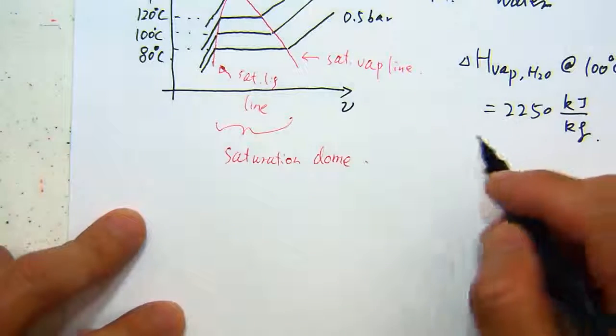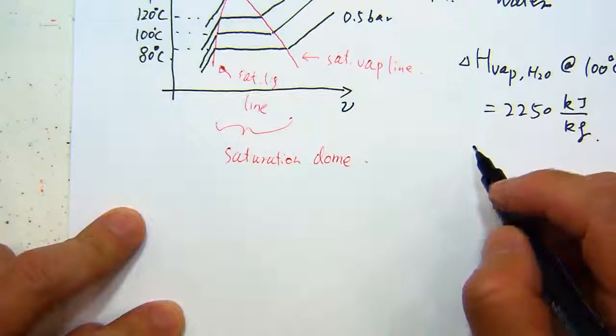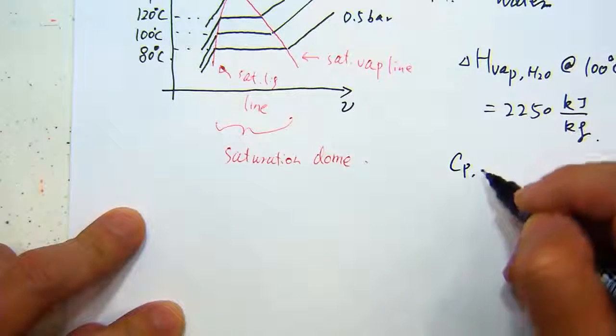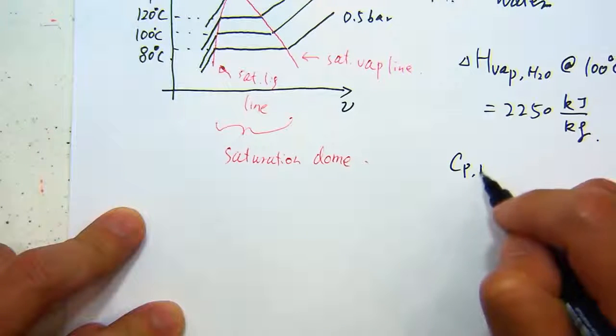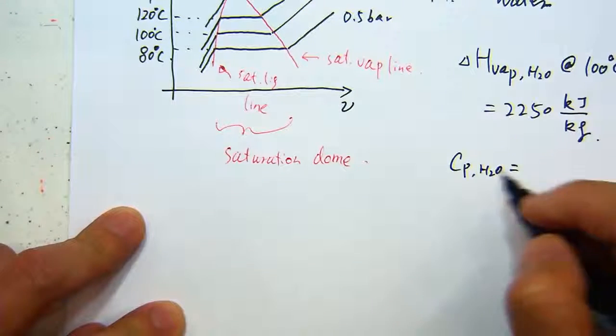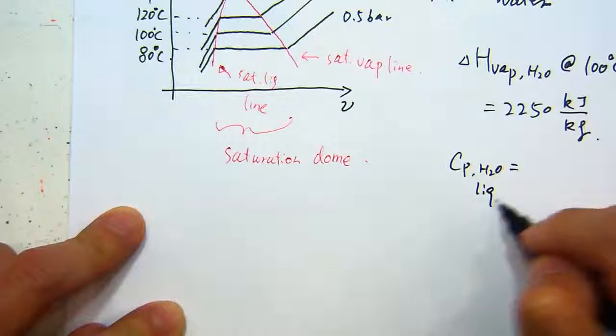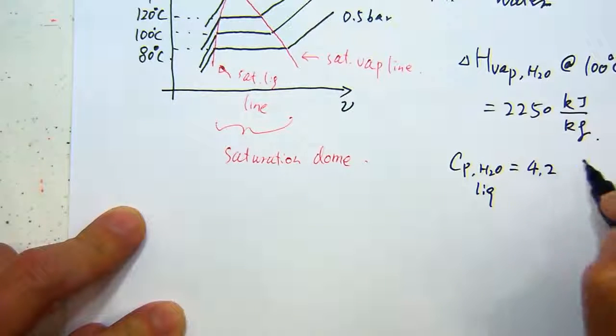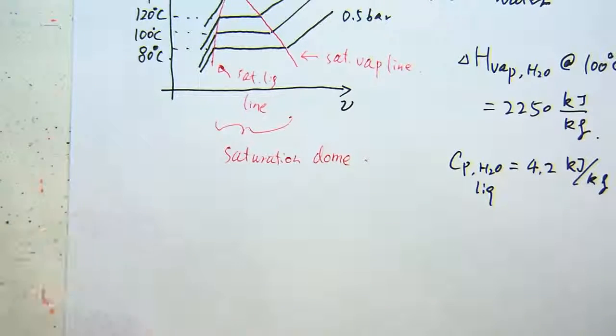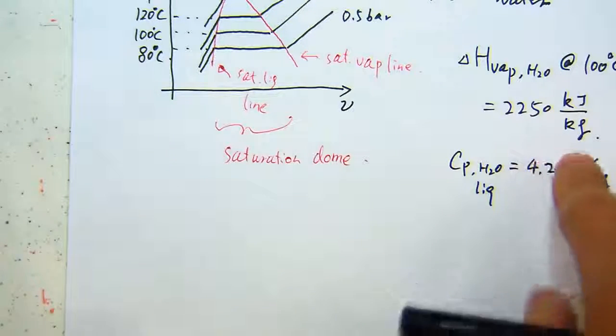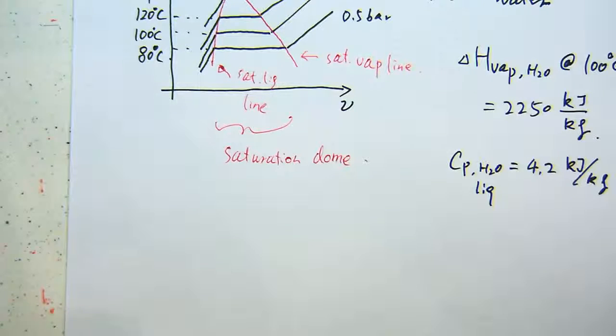So if you consider the CP of liquid water, it is about 4.2 kilojoule per kilogram. So this much heat corresponds to heating the water, raising the temperature by 500 degrees Celsius.